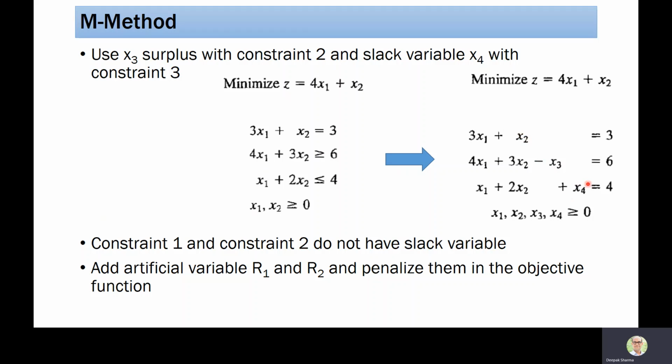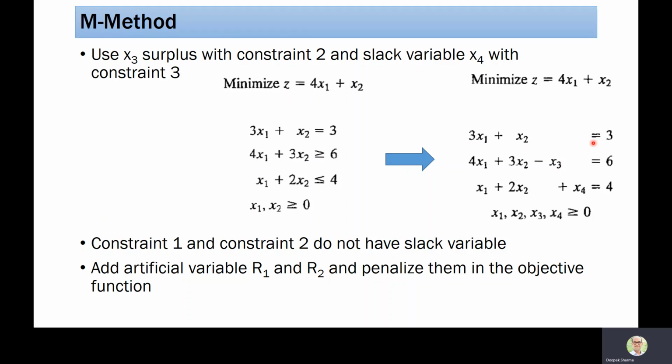Now from this format, our starting basic feasible solution would be the origin. Origin means if I put x1 and x2 equal to 0, then what will be the value of x3? Let us look at equation 1. Now x1 is 0, x2 is 0, meaning 0 equals 3.